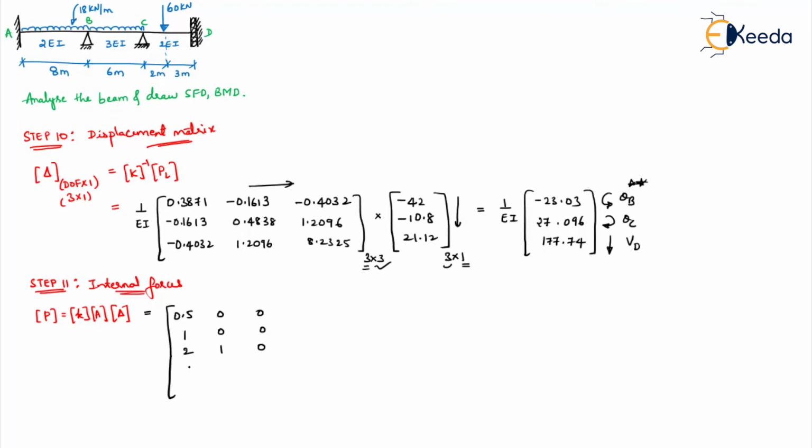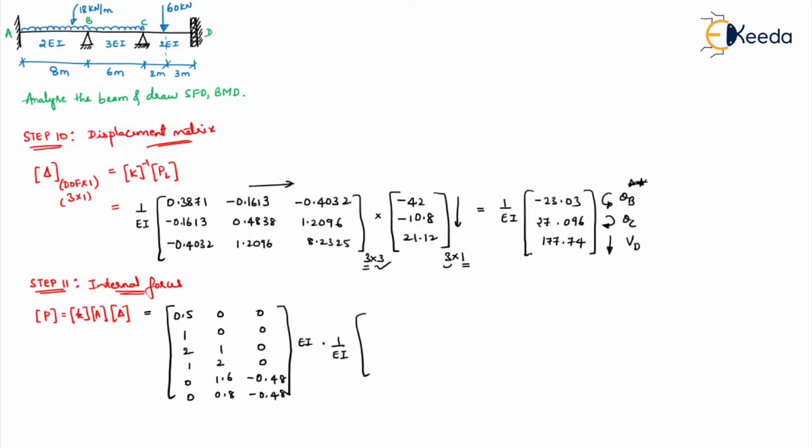0.5, 0, 0, 1, 0, 0, 2, 1, 0, 1, 2, 0, and 1.6, minus 0.48, 0.8, minus 0.48, this into EI. This is your K value multiplied by your delta.